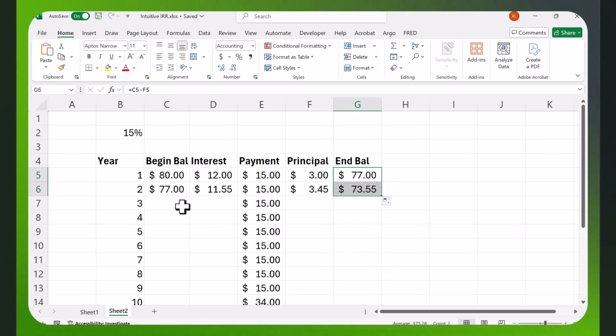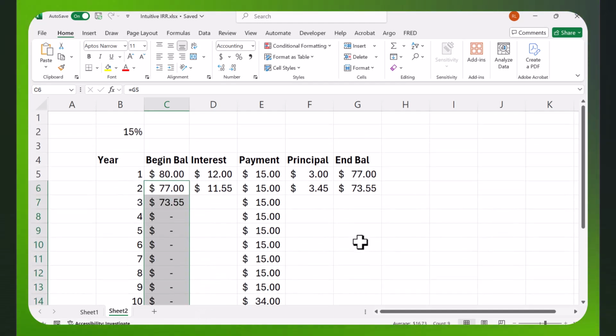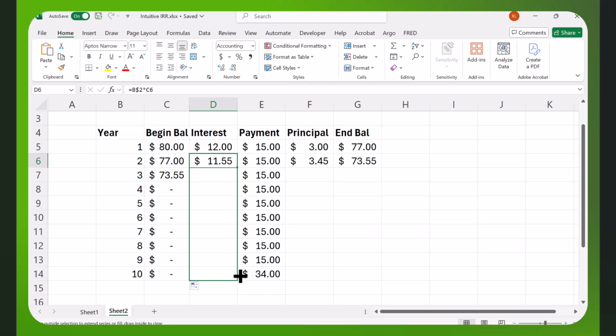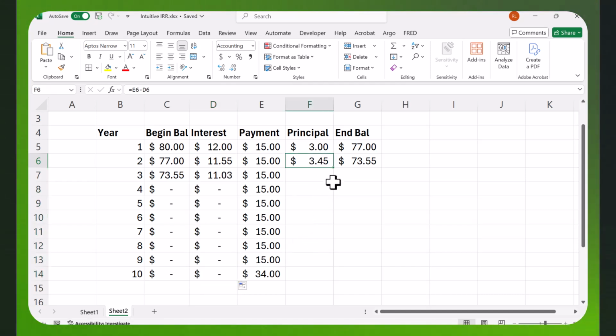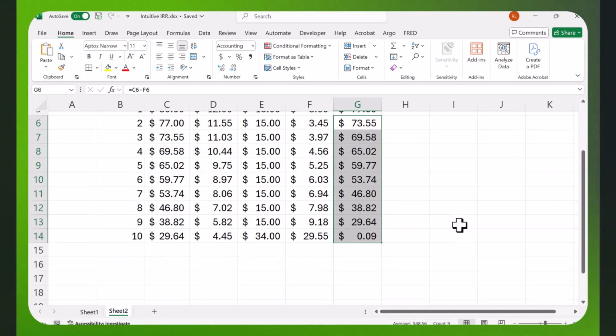And you can see the balance keeps going down. So let me just copy this down all the way down to year 10. And what do we see?